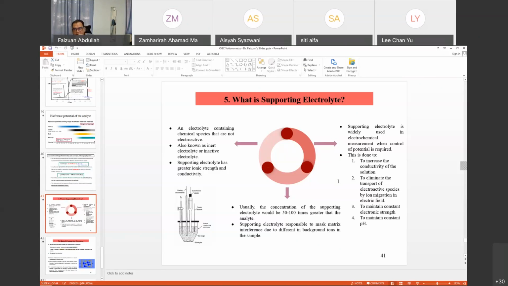Siti Aifah nak cakap. Oh, ya doktor. Zam tak dengar Zam cakap ke tu? Ya. Tak dengar. Sekali lagi. Silap maafkan saya. Bukan sensitivity, selectivity in the ion. Selectivity. Macam mana cara dia?